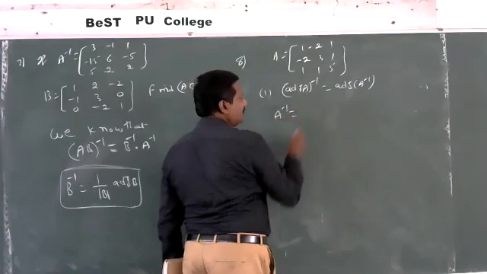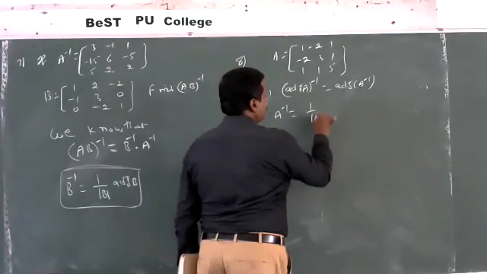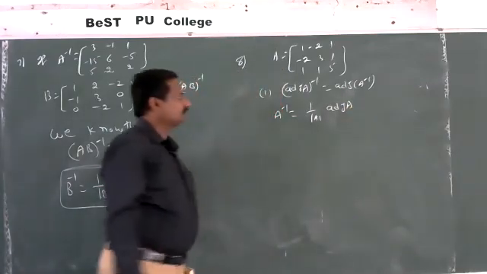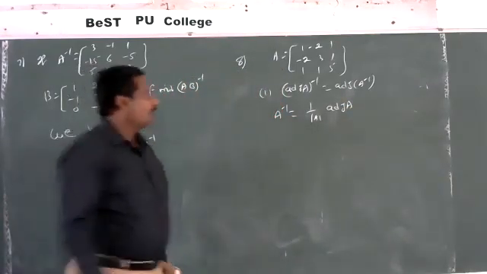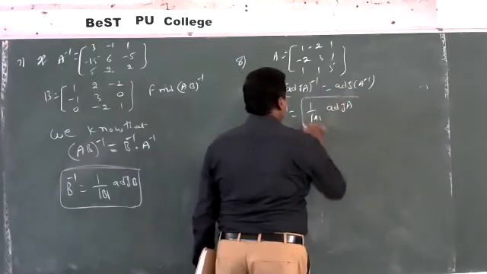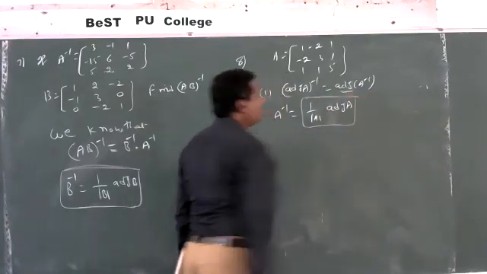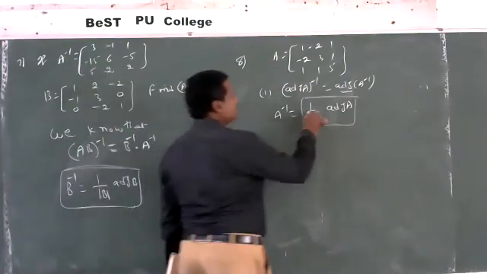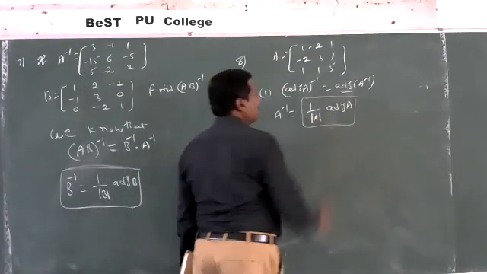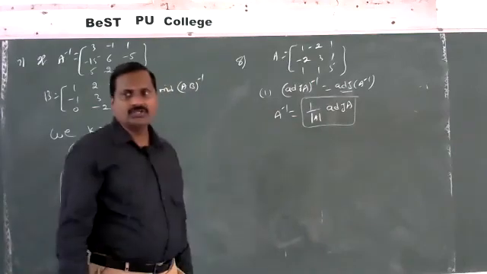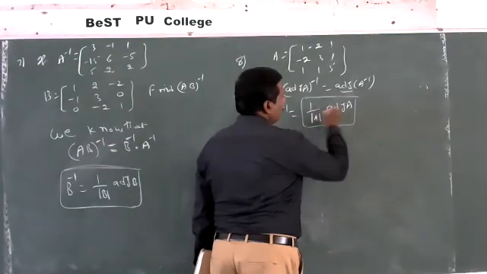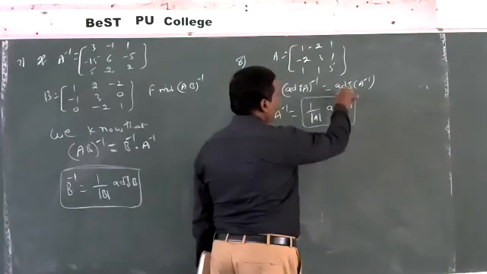We know how to find A inverse: 1 by det A into adjoint A. For this we'll get one matrix. For this matrix again we have to find the adjoint, that is the RHS.